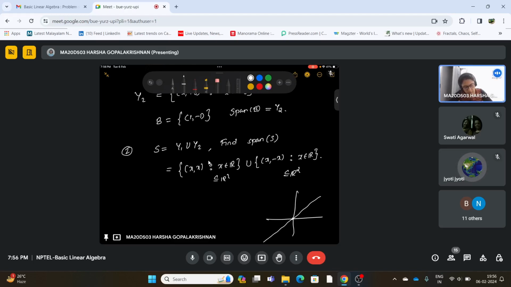One is the line y equals x, and the next one is a line like this. These are the two lines y1 and y2. Obviously, y1 is a subset of R2, and y2 is also a subset of R2. Span is always a subset of R2, so span of y1 union y2 is a subset of R2. Any doubt in this?